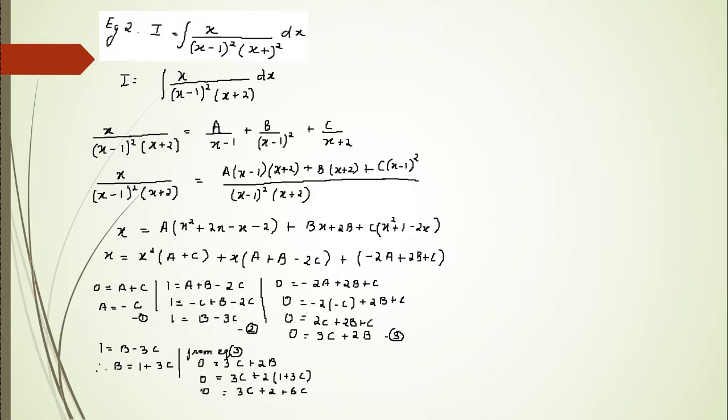Therefore 0 is equal to 9c plus 2. Therefore I will get c is equal to minus 2 by 9.